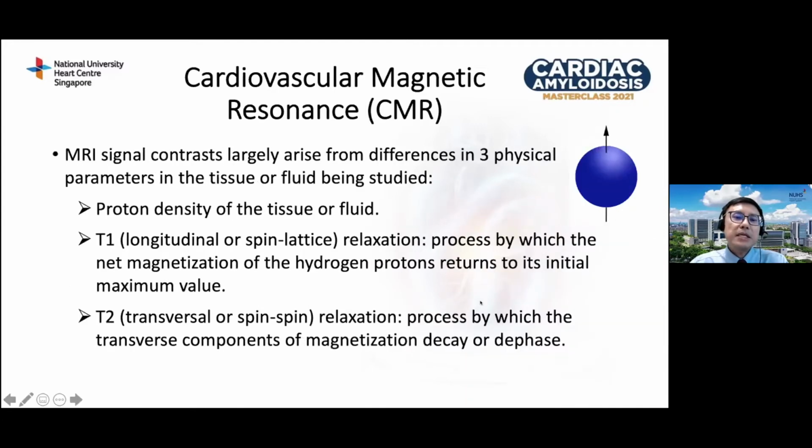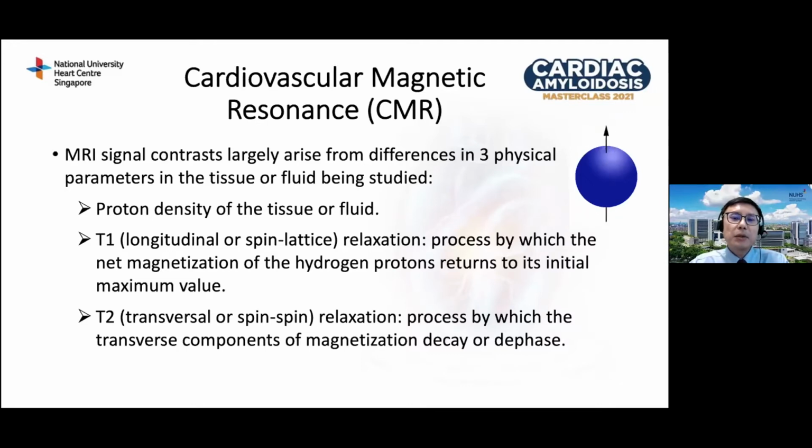The MRI signal largely arises from differences in three physical parameters of the hydrogen protons. We have a lot of hydrogen protons in the body because 70% of our tissues are made out of water, so there are lots and lots of hydrogen protons for us to image.